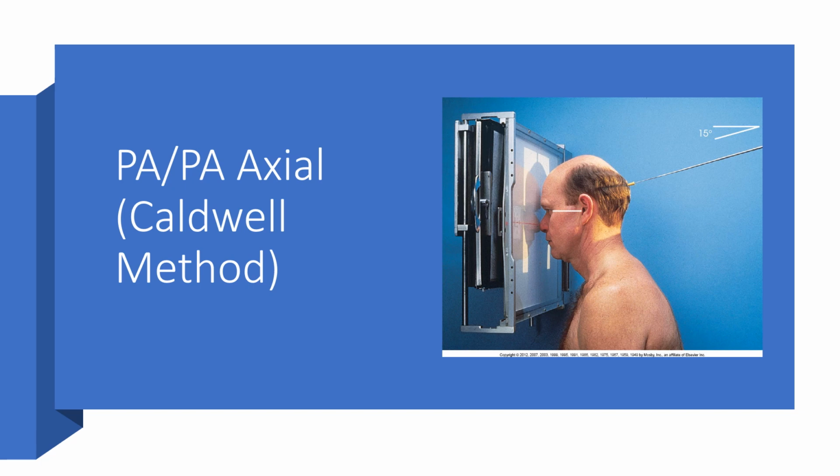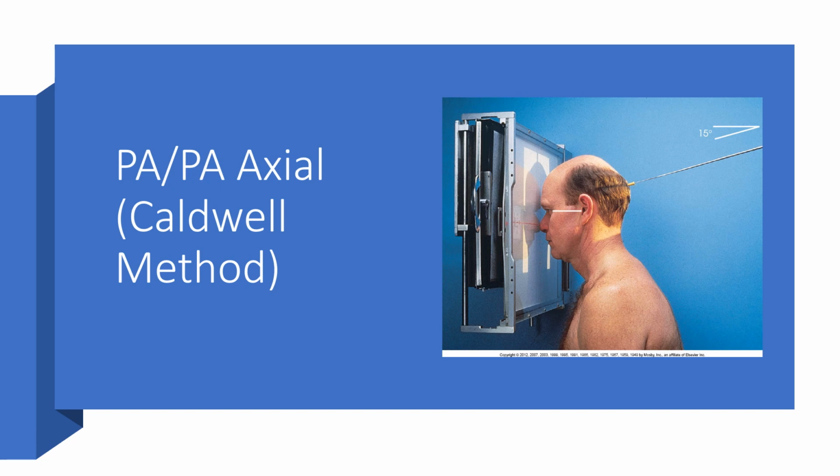Because there's no real good landmark on the back of the head as to where the central ray should be entering, it doesn't really work that way. With a Caldwell, the central ray exits the nasion. Okay, 15-degree caudal angle toward the feet, OML perpendicular to the image receptor, center of the image receptor at the level of the nasion.